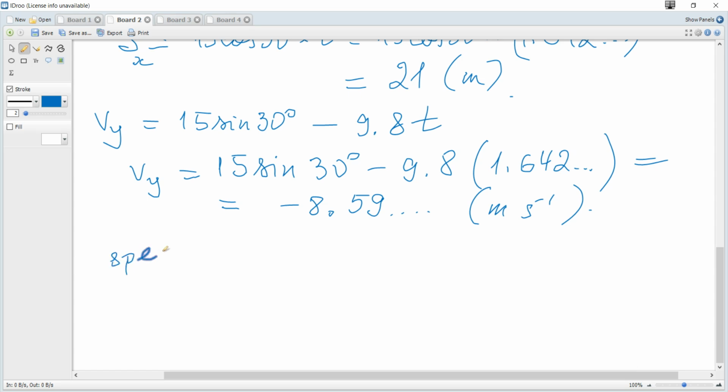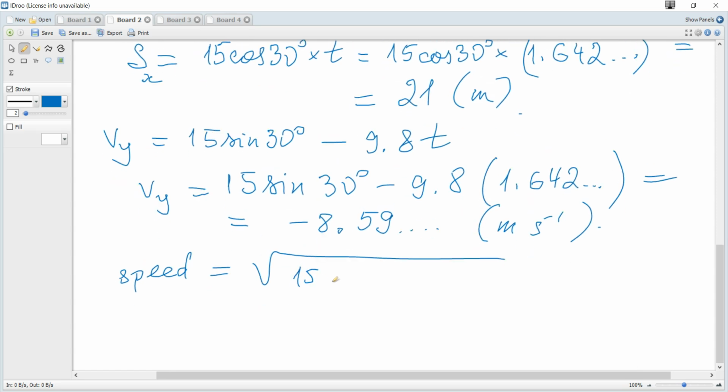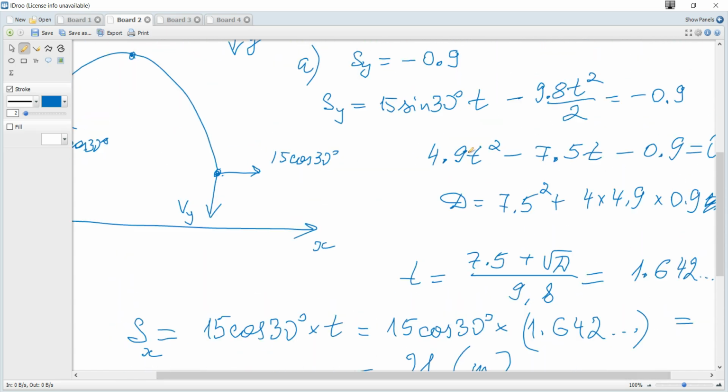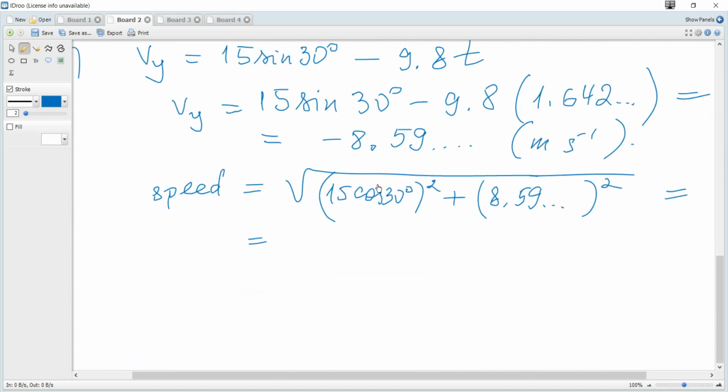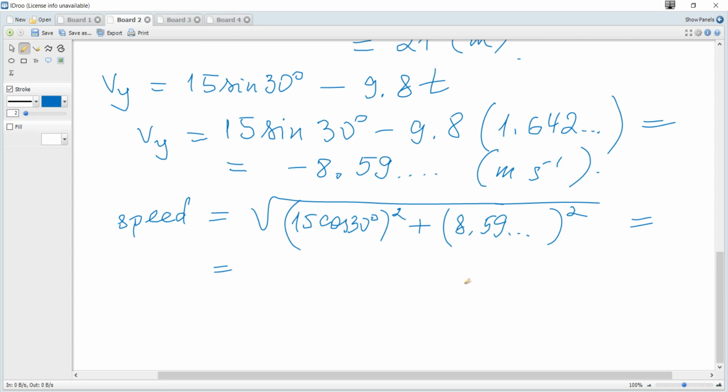And then the required speed is the square root of 15 cosine of 30 squared plus this 8.59 and so on squared, and it will be the greatest speed, the required, the greatest speed.